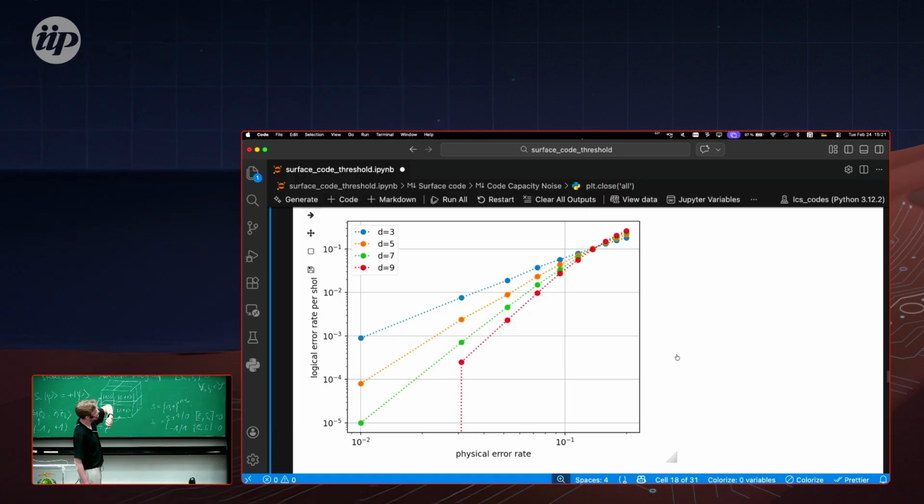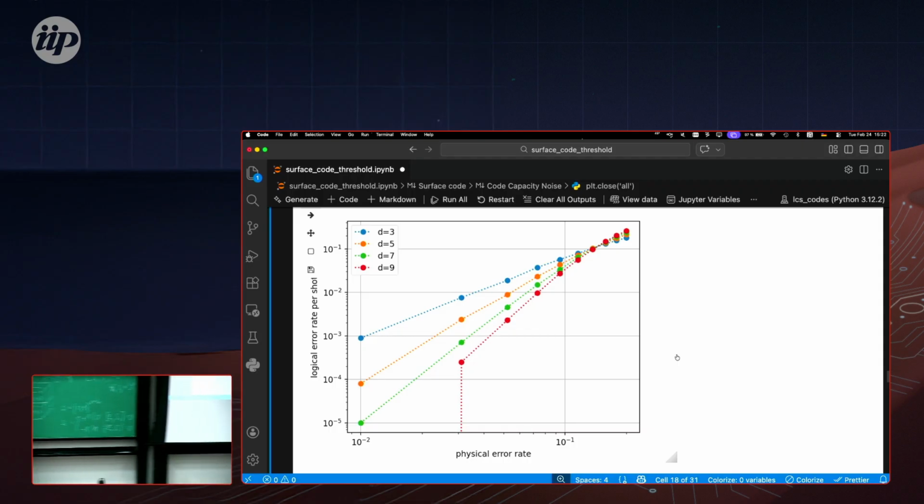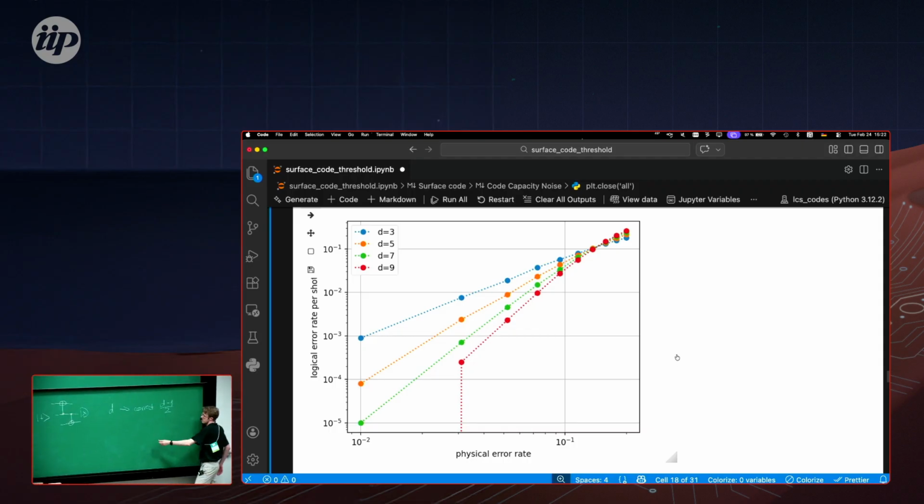And you can see here what I have promised you before, and what I've also talked about yesterday, is that if we have a code with distance d, we can correct (d-1)/2 errors, and then the logical error rate scales for low physical error rates as p to the (d-1)/2 plus 1, because that's the first weight of error we cannot correct.